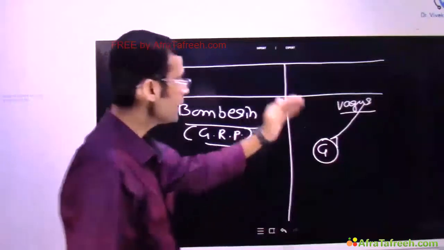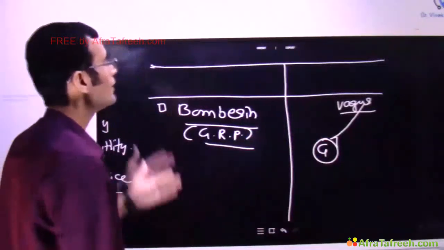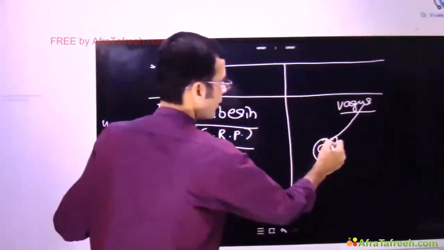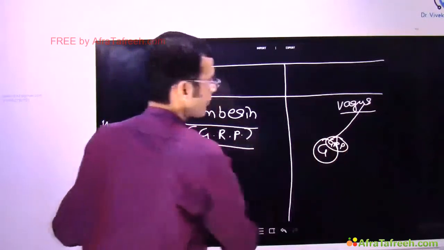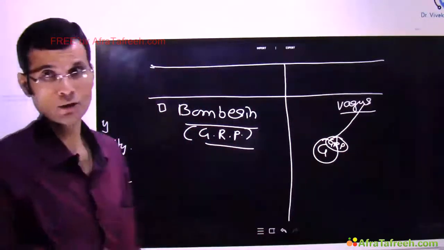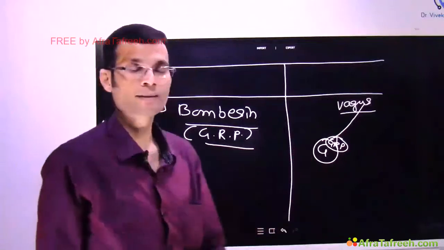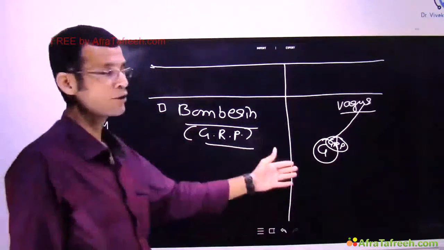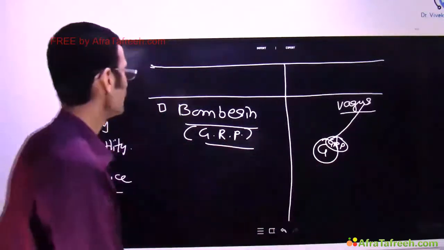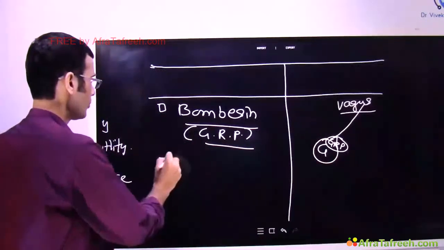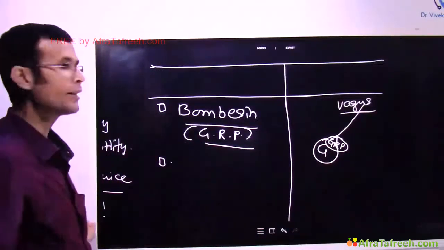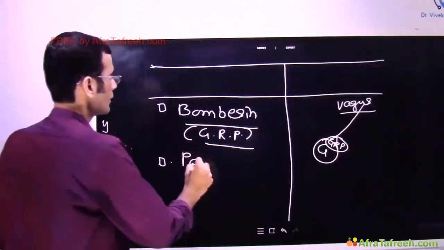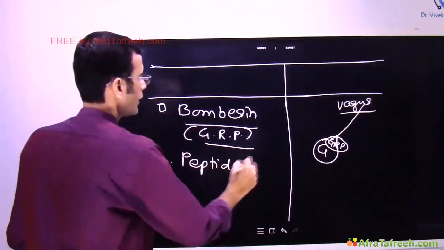No. These nerve fibers release bombesin or GRP as the neurotransmitter, or rather neuropeptide, on the G cells. And then there will be secretion of gastrin from the G cells. So that's one neuropeptide. Another regulatory peptide is peptide YY.